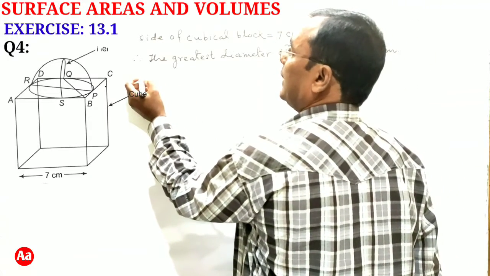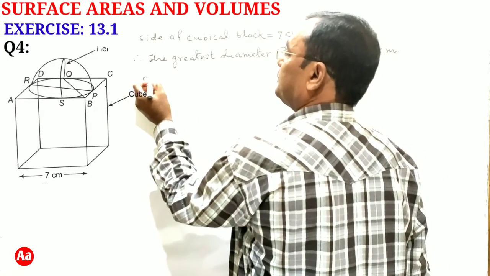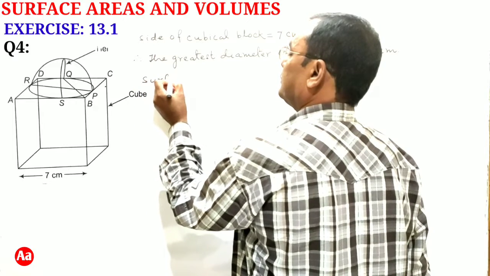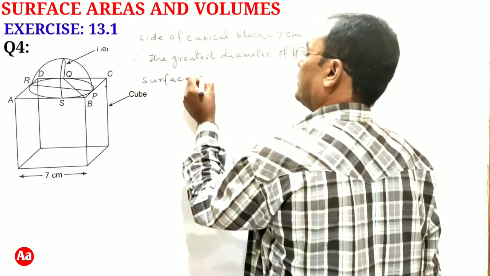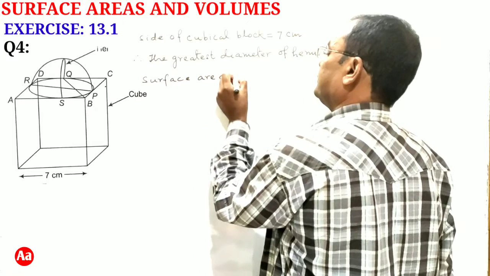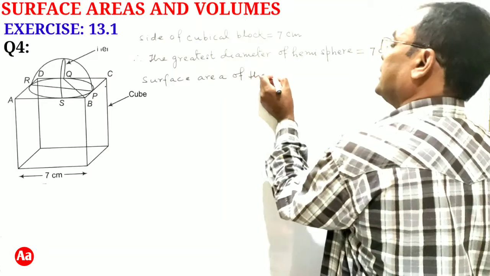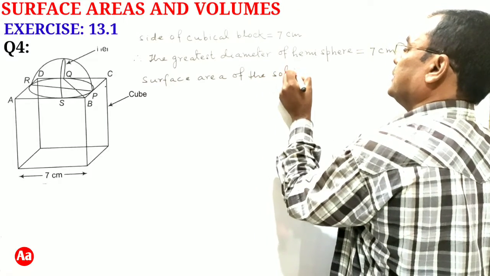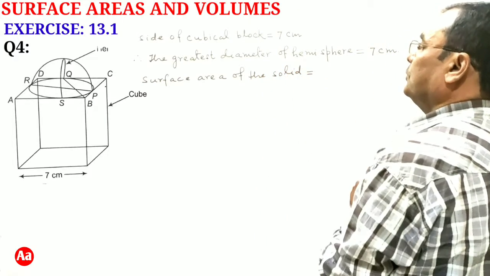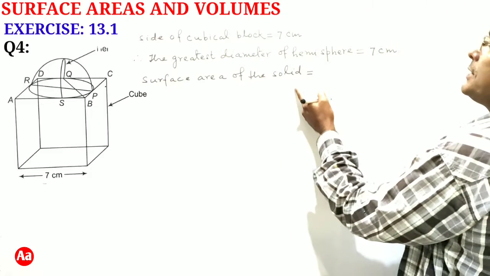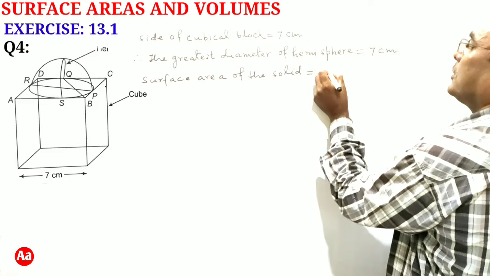So the surface area of the resulting solid is 6 a square, where a is the side, minus pi r square, plus 2 pi r square. The 6a square is the total surface area of the cubical block.